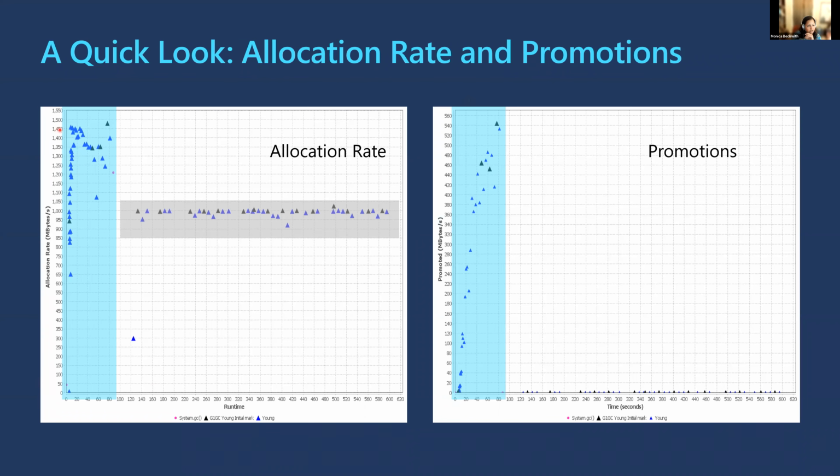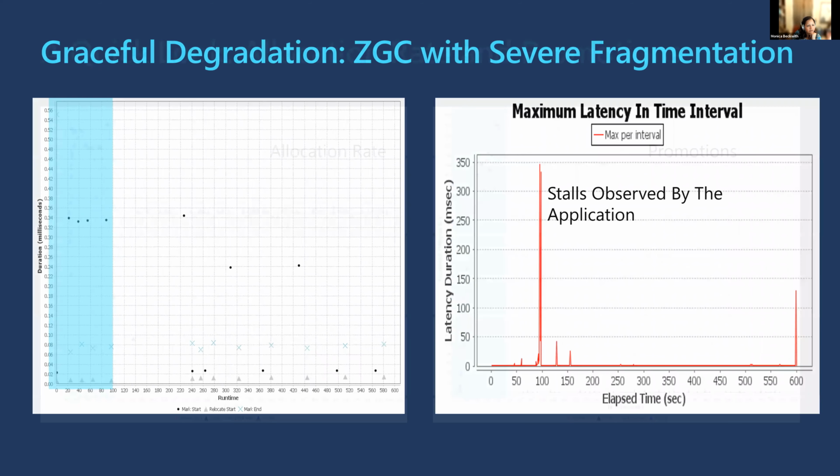The things in blue are you building your live data set, and then you have your steady allocation rate. As I mentioned, I set it to 1 Gbps, so it's right there. If it's not clearly visible, I'm just highlighting the area. That's your steady allocation rate. I'm quickly showing promotions.